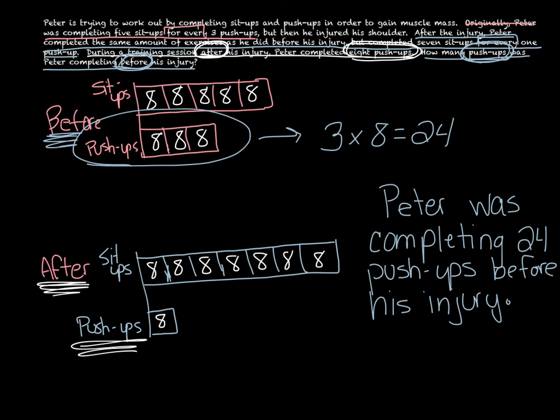And the question wasn't asking how many sit-ups he was completing, so I don't need to answer that question, but with the problems you have to complete, pay attention to what the question is, because it might ask you to answer more than just one piece of the tape diagram.